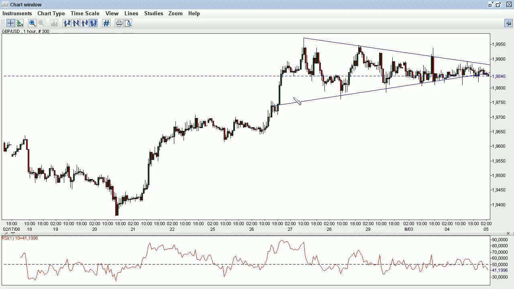But I'm not quite sure whether this is going to happen here, since on the hourly chart these symmetrical triangles usually take less time to form, and they're a sign of a continuation.